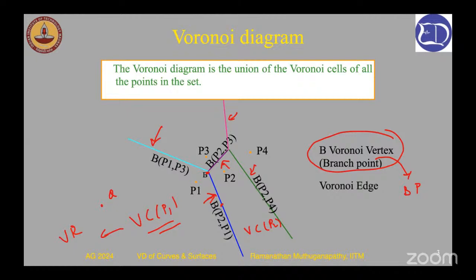A Voronoi diagram consists of Voronoi edges, whose meeting points are the Voronoi vertices. For example, you have another point here, which is also a Voronoi vertex. Typically, the Voronoi vertices will have three Voronoi edges meeting together. It is not always true, but under what is called the general position assumption, three Voronoi edges meet at a Voronoi vertex. But we will see that this assumption can be relaxed later on.